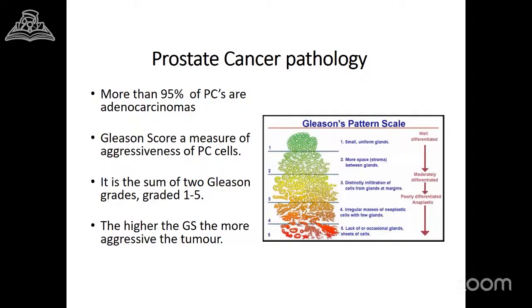The Gleason score is calculated by adding the two most predominant Gleason patterns, each graded from 1 to 5. A higher Gleason score indicates a more aggressive and potentially more invasive tumor, which is important for prognosis and treatment planning.